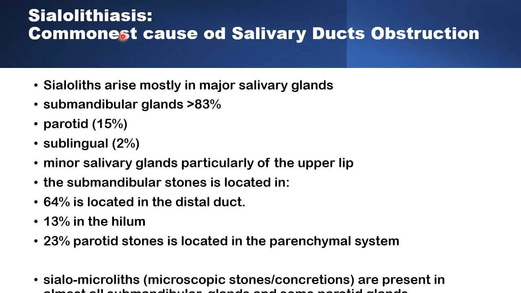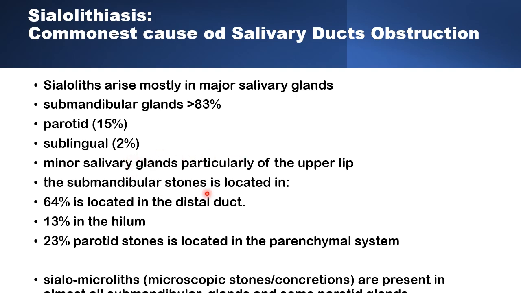By far, the commonest cause for salivary duct obstruction is sialolithiasis, salivary duct stones. They affect the submandibular gland in most cases. More than 80% of them would be in the submandibular gland, 15% in the parotid, and less than 5% in the sublingual gland. Some of the minor salivary glands can also be affected by stones, particularly those in the upper lip.